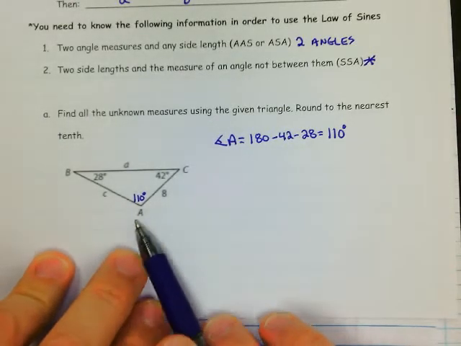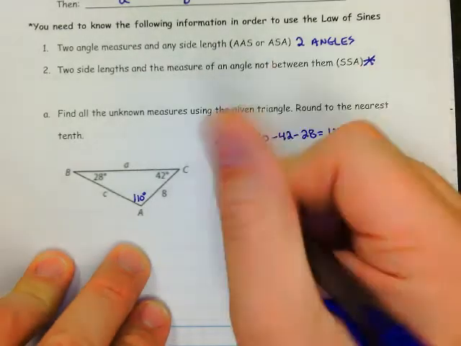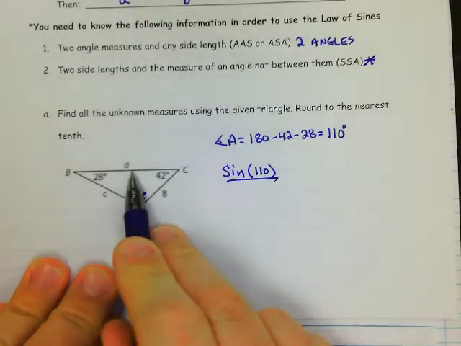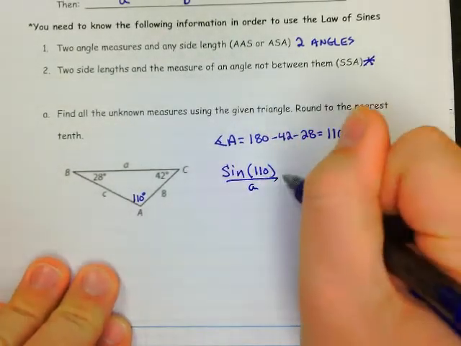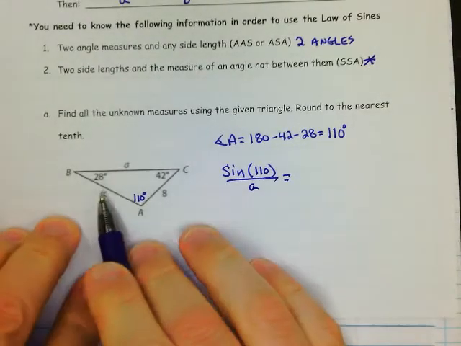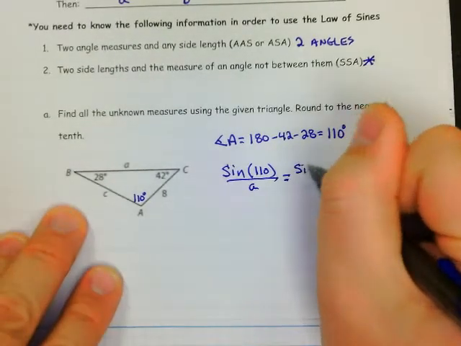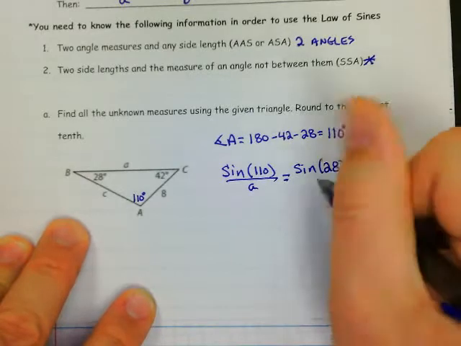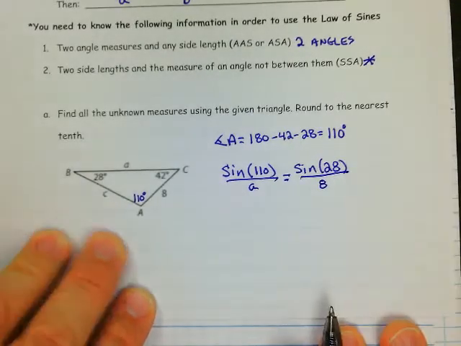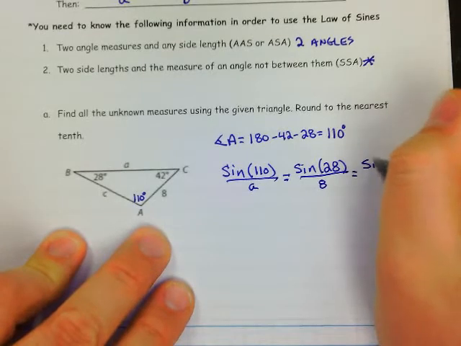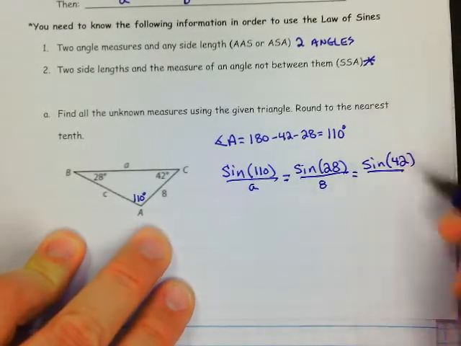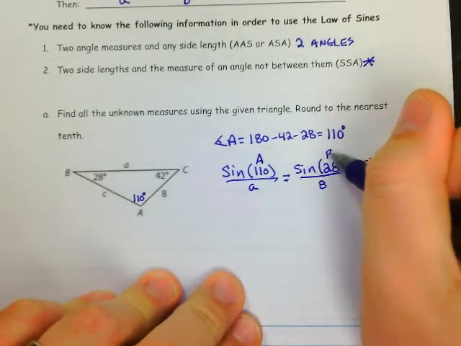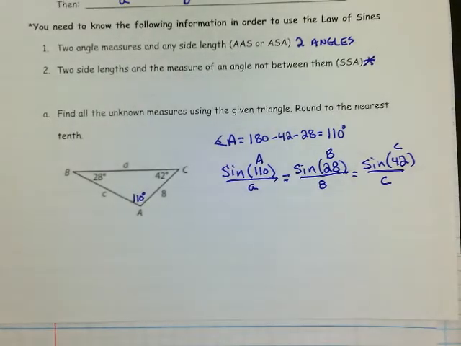So let's start with angle A. So we'll take the sine of the angle, the sine of 110, over its opposite side, which we don't know, so we'll call it A, is equal to the sine of B, which is 28, so the sine of 28 is equal to its opposite side, 8, as the sine of C, or the sine of 42, is to its opposite side, C. So remember, these are our angles. Angle A, angle B, and angle C.